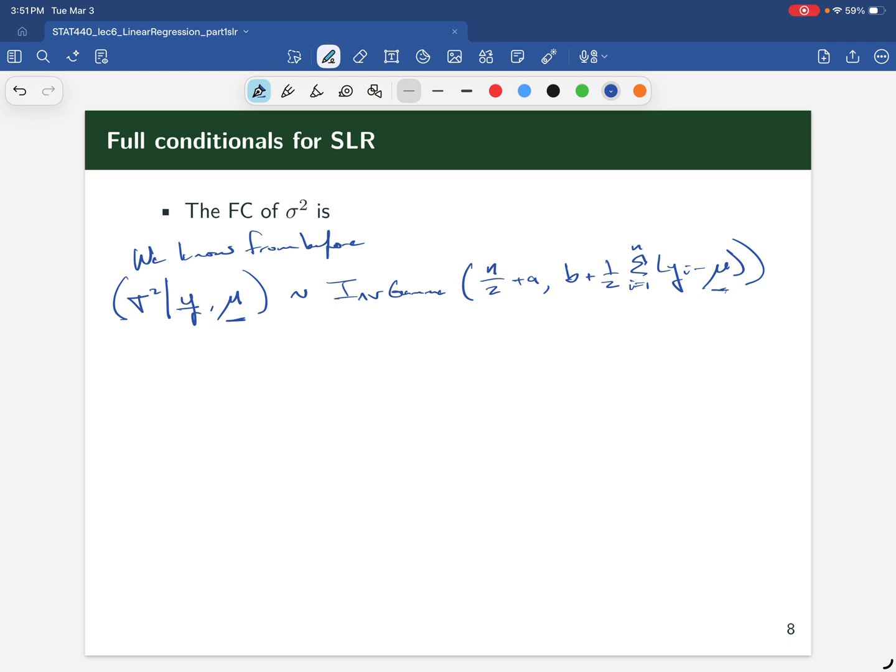Now, of course, we have jumped over to the simple linear regression setting. And so what's changed here? Well, if I'm drawing from the conditional, I'm going to assume I'm trying to work out the posterior for sigma squared given the data and the other parameters, which in this case are beta naught and beta 1. So sigma squared given the data, beta naught and beta 1, this of course is going to be inverse gamma.